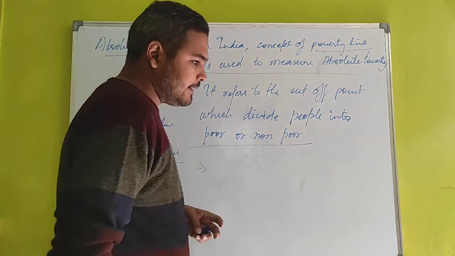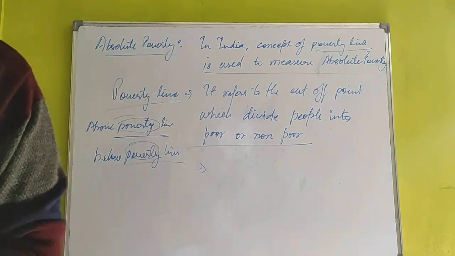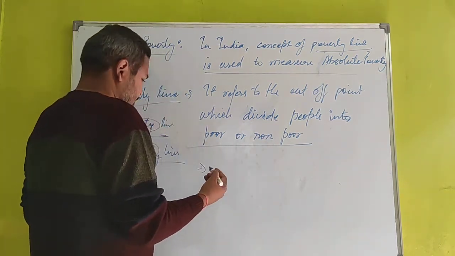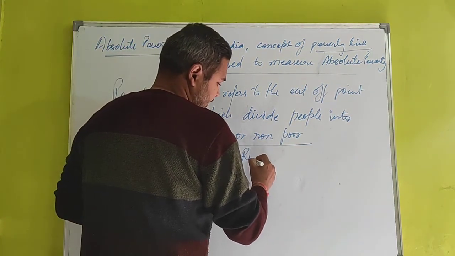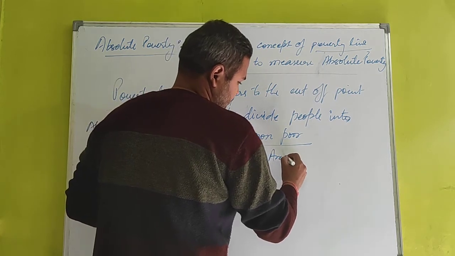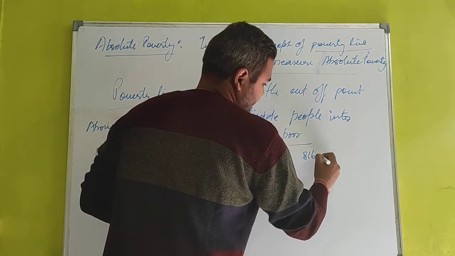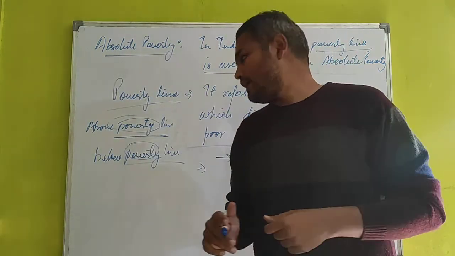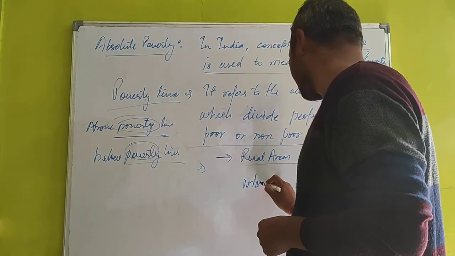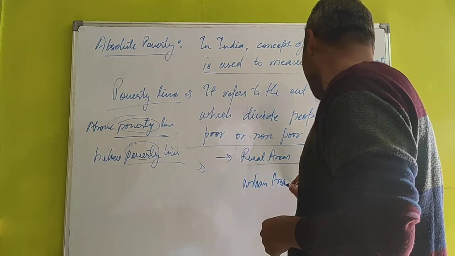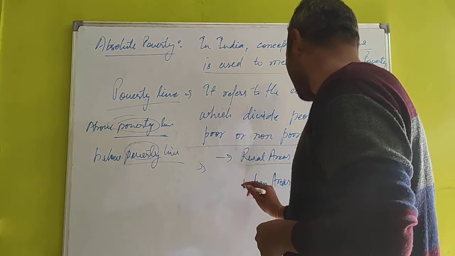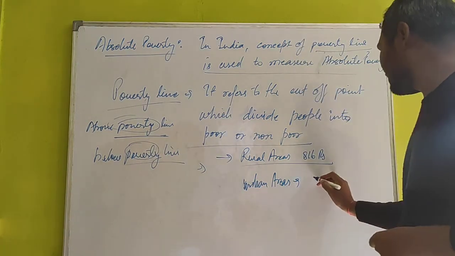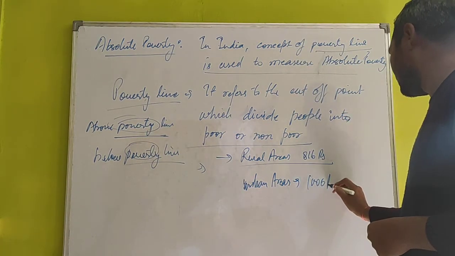So in India, in rural areas, 816 rupees have been decided as the cutoff point, and in urban areas, that amount is 1000.